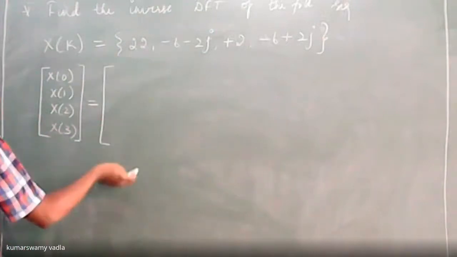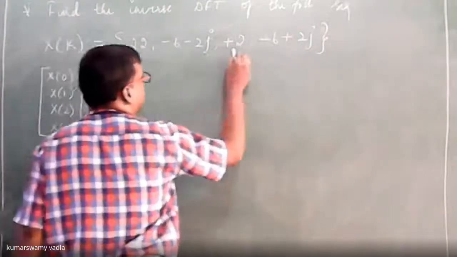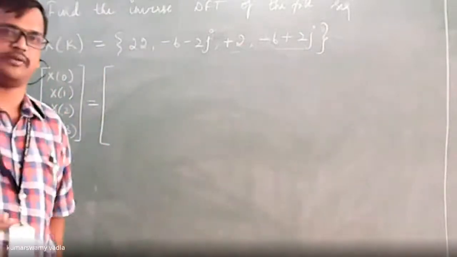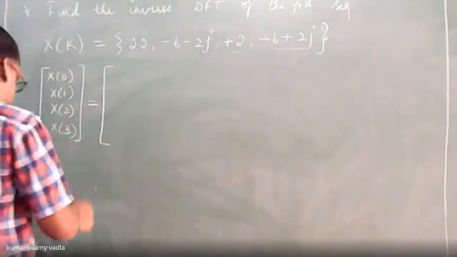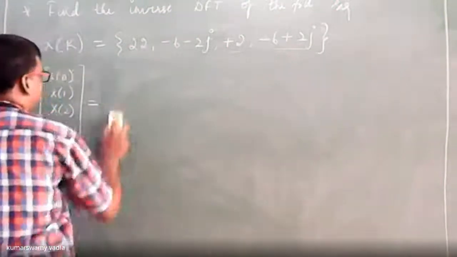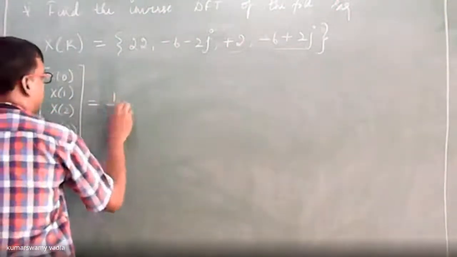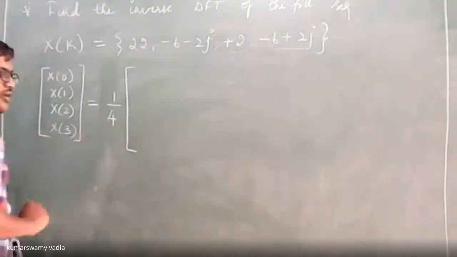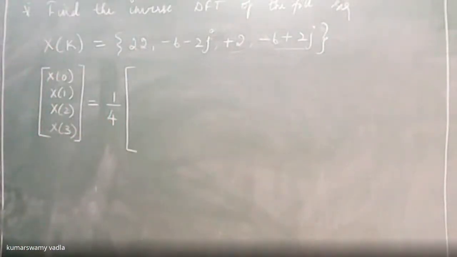Because it is 4 points: 0, 1, 2 and 3, that is 4 points here. Sorry, here you need to go for 1 by N. N is having the number 4. Is the point clear for everyone, students?